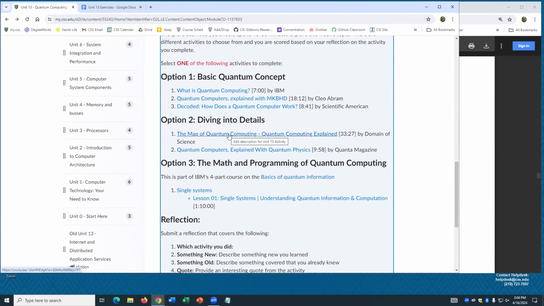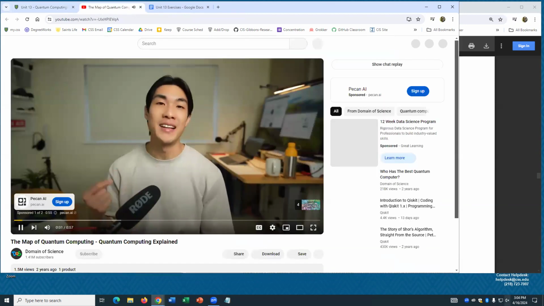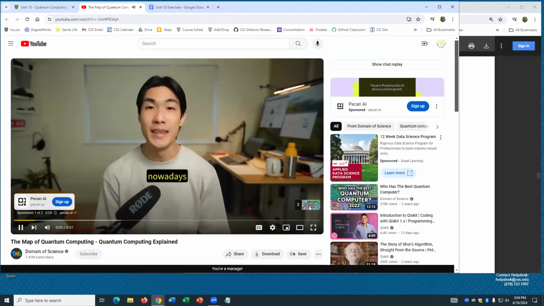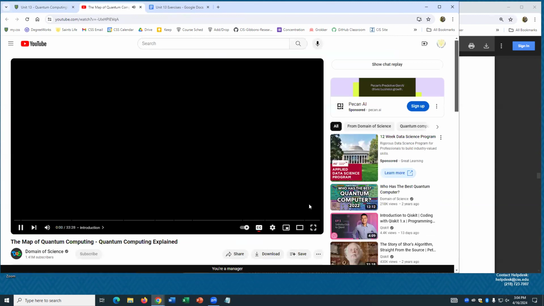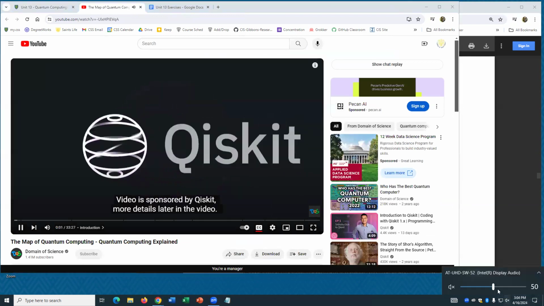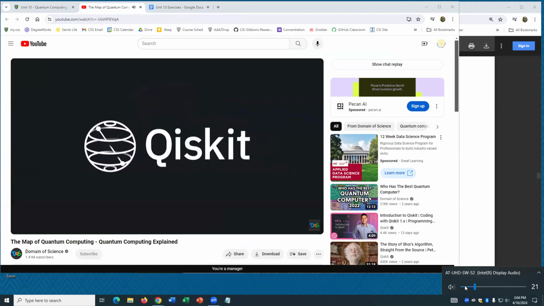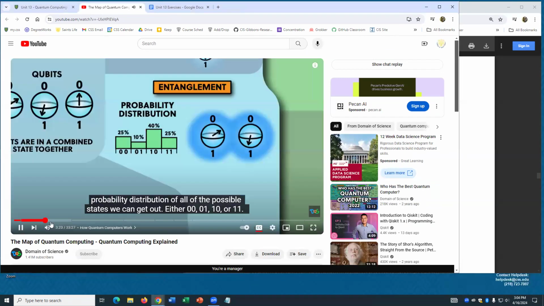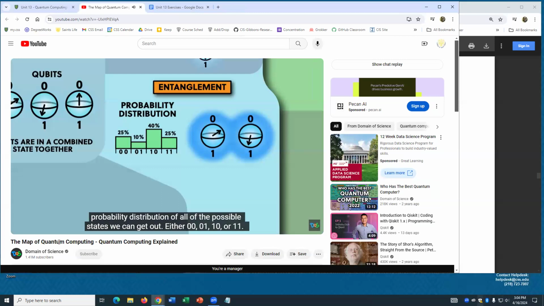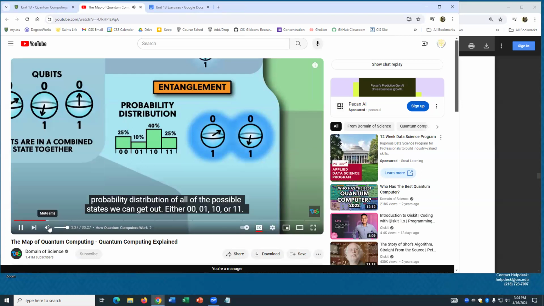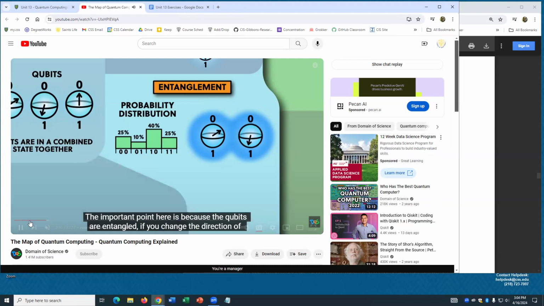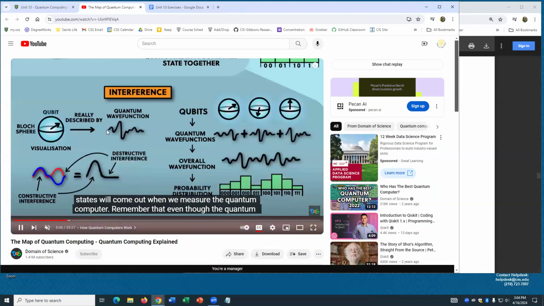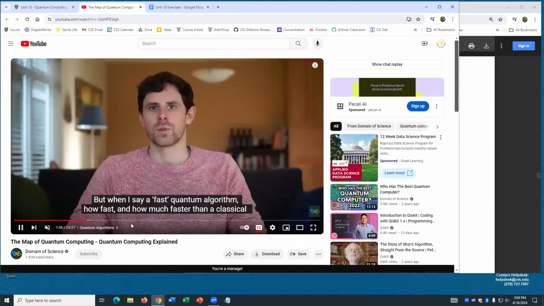My favorite video so far is this map of quantum computing. It really delves better than anything else I've seen into some of the complexities. It starts very straightforward, but talks about how this combines and works together.